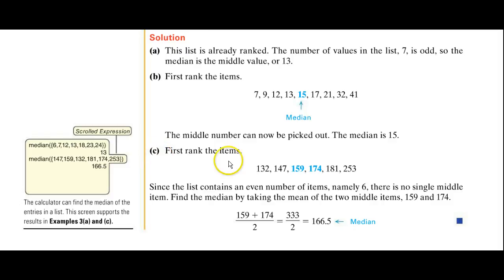Now, in letter C, again, we'd have to rank them, and then take our 2 from the center, average them, and that gives us our median. So we've looked at the mean and the median.